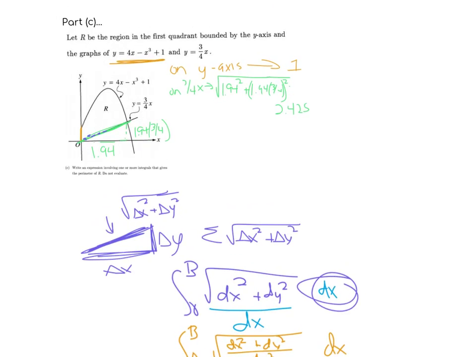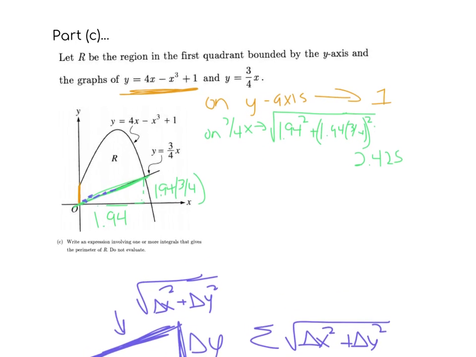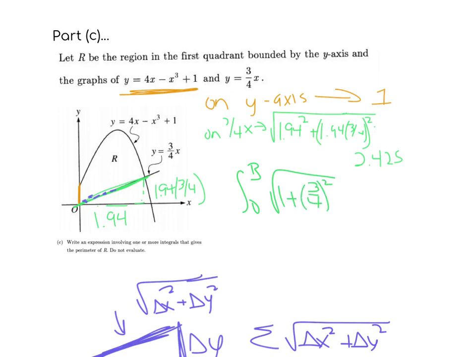So theoretically, if I go back to my triangular region, if I integrate 0 to b, the square root of 1 plus the derivative, so 3/4 squared dx, I should get the same answer. Let's go ahead and put that in my calculator and see what I get.